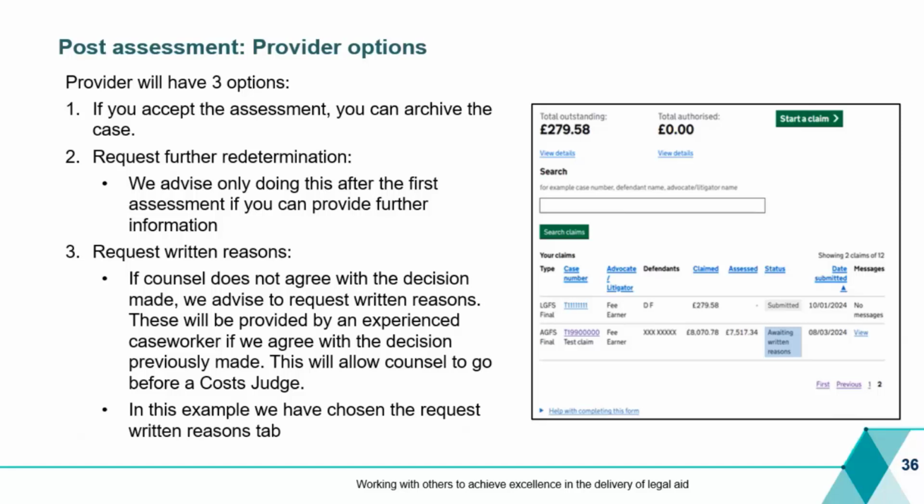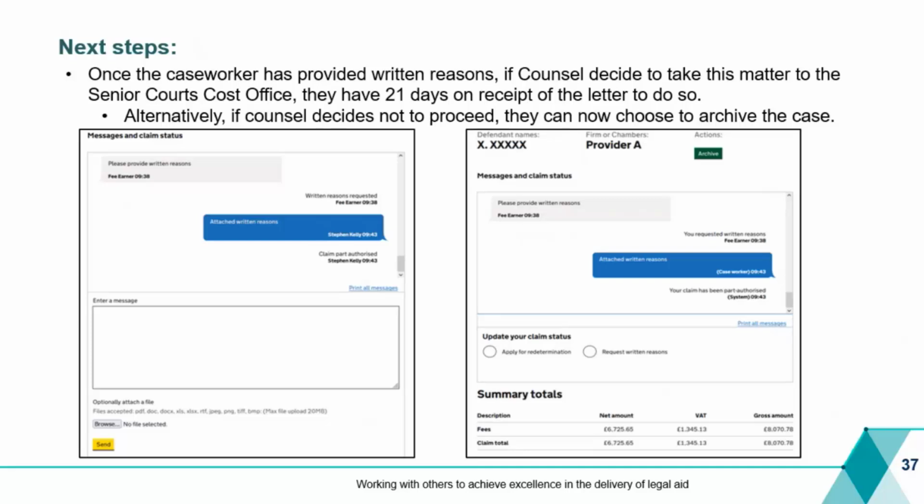So we would advise, if we get to that sort of impasse where we're clearly in different positions based on our interpretation of the facts, that written reasons is really the best option at that stage. Once we get that, we would then attach the written reasons and send that back to yourselves. So you would then see the written reasons having been attached.